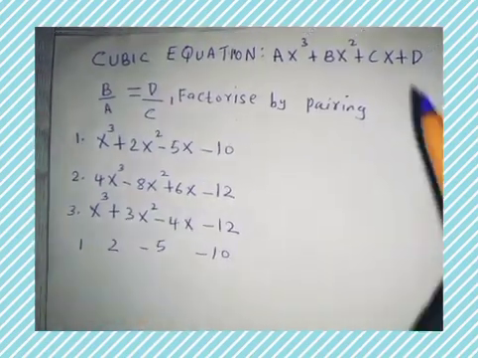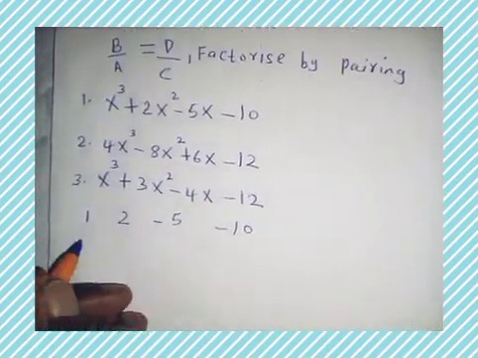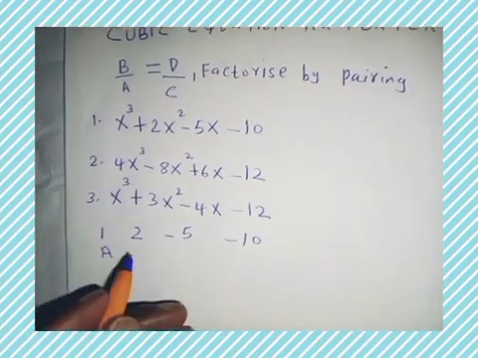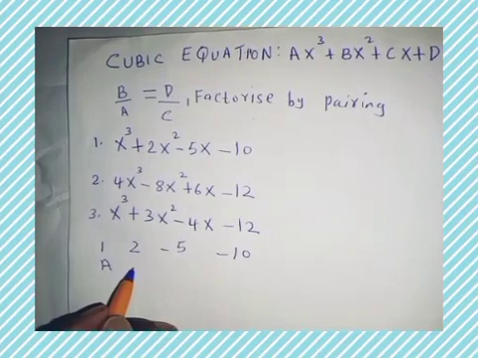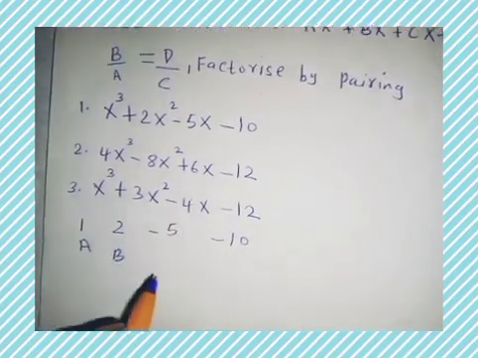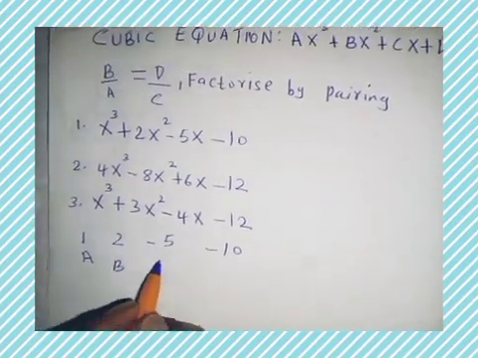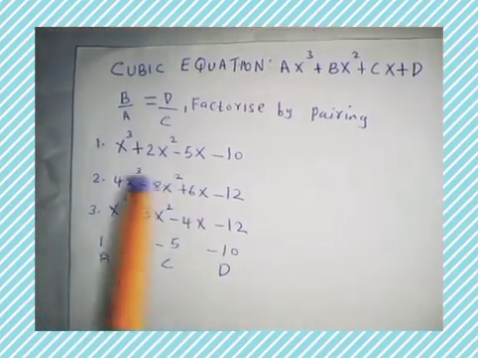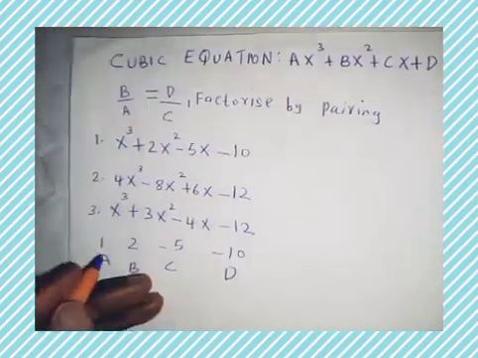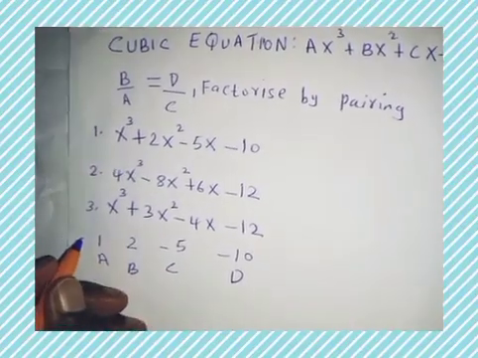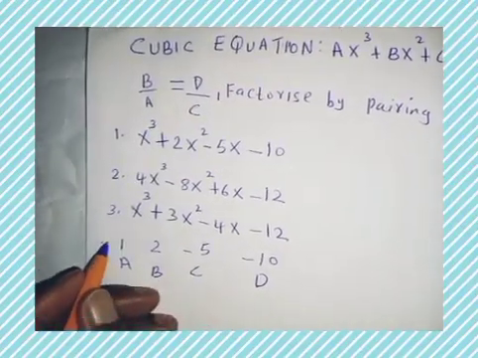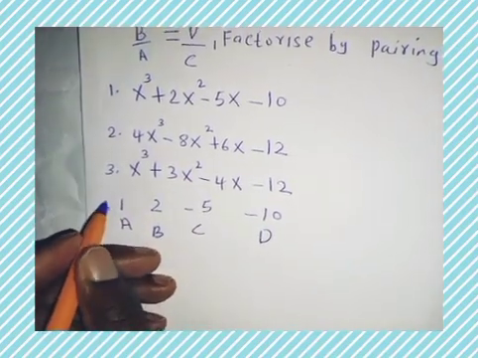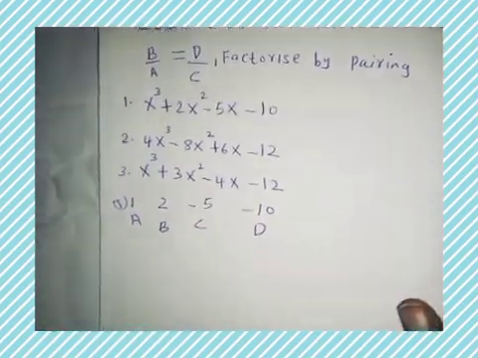When you compare with the standard form, the first constant is a, the second is b, the third is c, and the fourth is d. We begin with number 1.